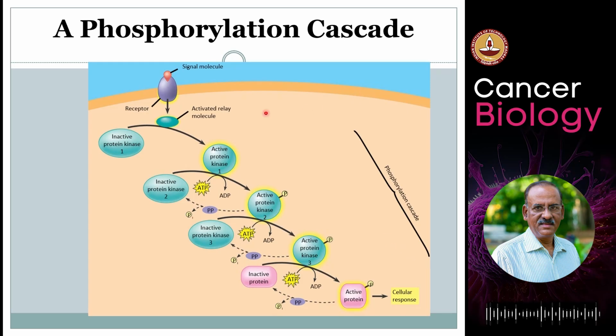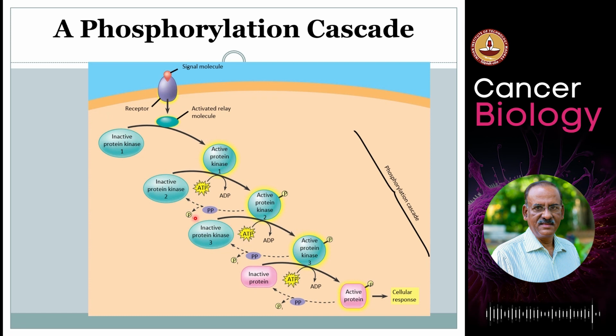This is a very important slide. Let us take a signaling molecule. It binds to a receptor and it gets phosphorylated. And now the receptor phosphorylates an inactive protein kinase, which gets activated by this phosphorylation. Now it activates another protein kinase.